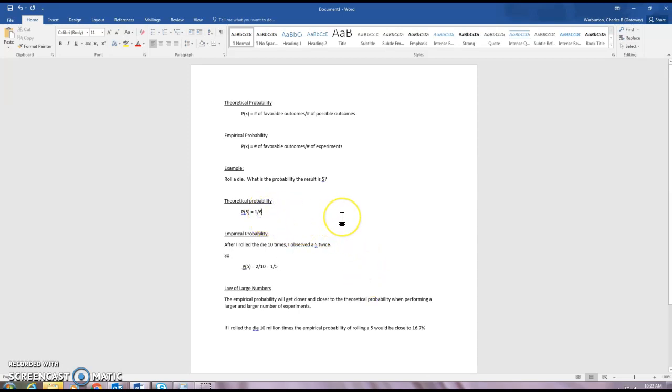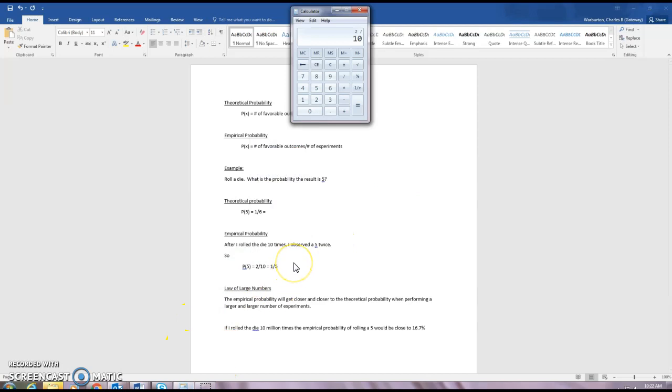Now notice, the theoretical probability, 1 out of 6, I could change that into a percent by first converting 1/6 into a decimal by dividing. 1 divided by 6 is about 16.7%.